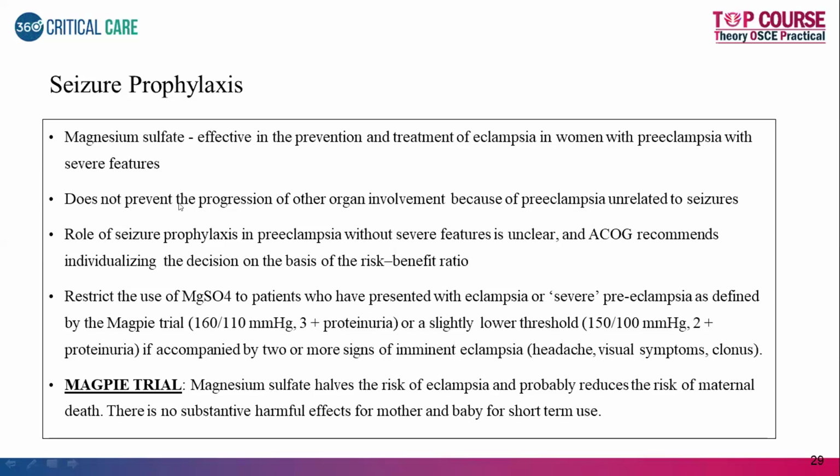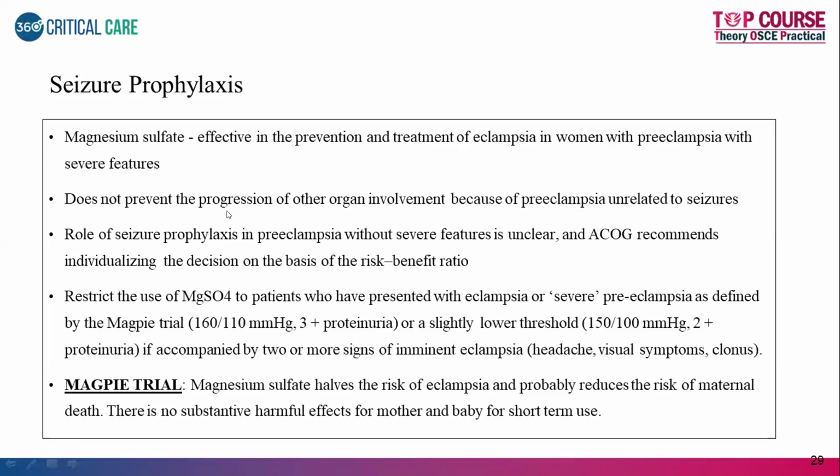It does not prevent the progression of other organ involvement due to preeclampsia unrelated to seizures. The role of seizure prophylaxis in preeclampsia without severe features is unclear, and ACOG recommends individualizing the decision on the basis of risk-benefit ratio. With non-severe features, the role of magnesium sulfate is still questionable; it should depend upon each patient. Whereas in preeclampsia with severe features, yes, you need to give seizure prophylaxis in the form of magnesium sulfate.